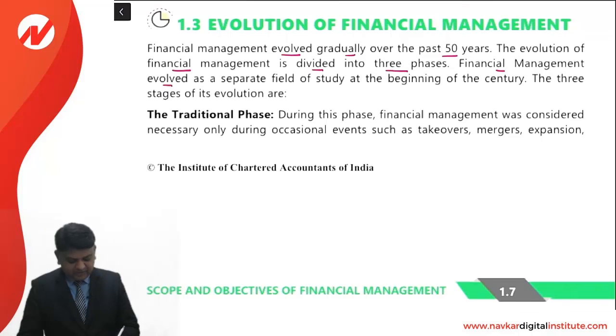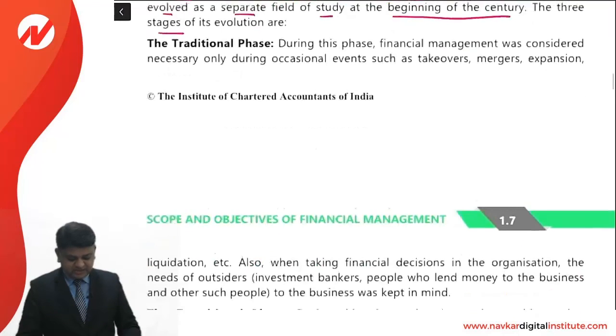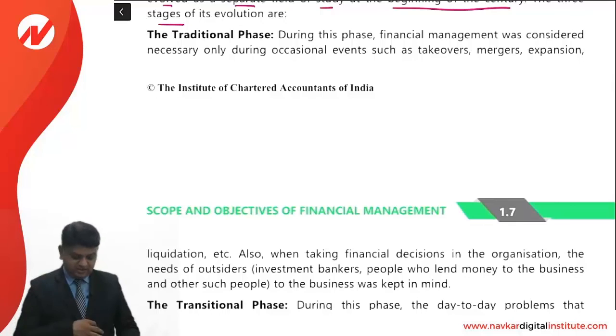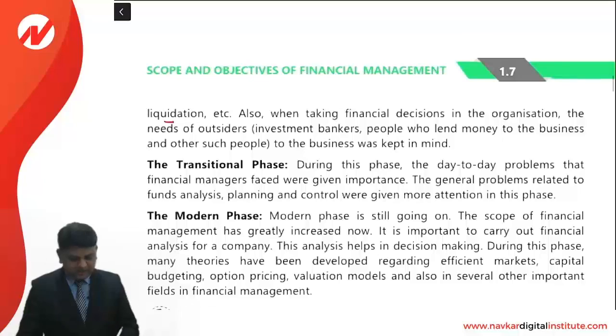Financial management evolved as a separate field of study at the beginning of the century. The 3 stages are as under. Traditional phase: during this phase, financial management was considered necessary only during occasional events such as takeover, mergers, expansion, liquidation, and so on.